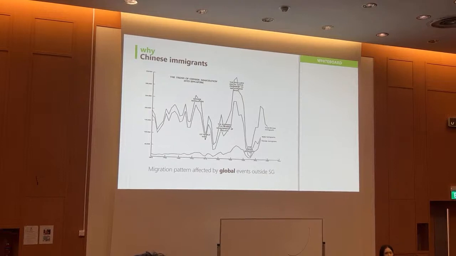So when China had more instability due to war, political revolutions, or feudal conflicts, more Chinese would be leaving China. When the Javanese and Malayan areas were having more prosperity, more Chinese would be leaving China to come here.